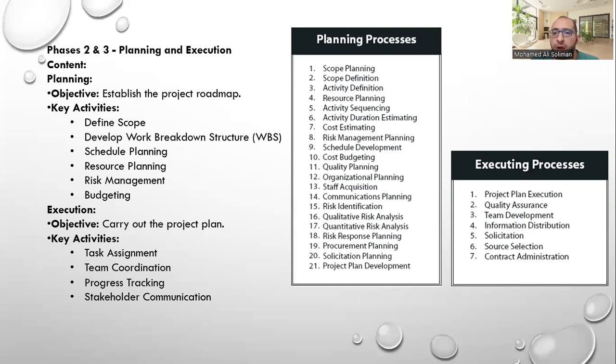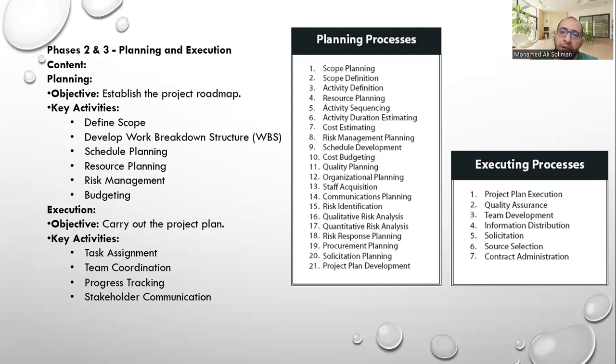So the high level scope should be broken down into a work breakdown structure of smaller activities, and these activities will be bounded by time and by resources, following on with scheduling, resource planning, and risk management. That's what the knowable risks are and what the risk strategy is to overcome these risks, and finally creating the budgeting plan. That's the planning process.